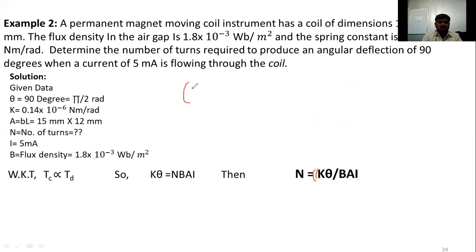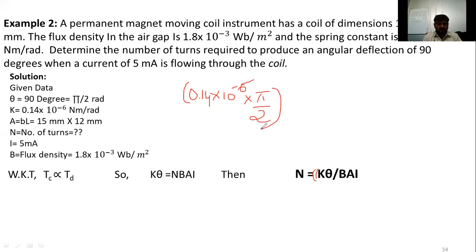K is nothing but 0.14 into 10 to the power of minus 6, into theta, which is 5 into 5, we enter divided by 2, close the bracket here.